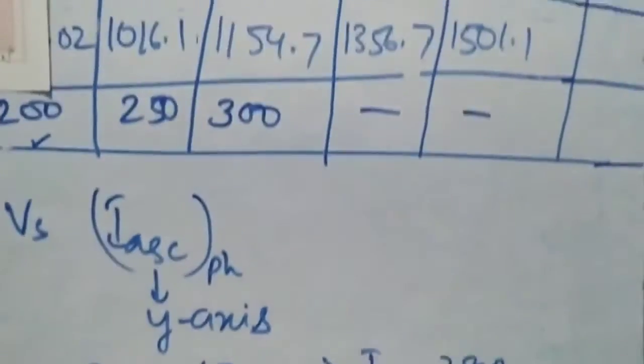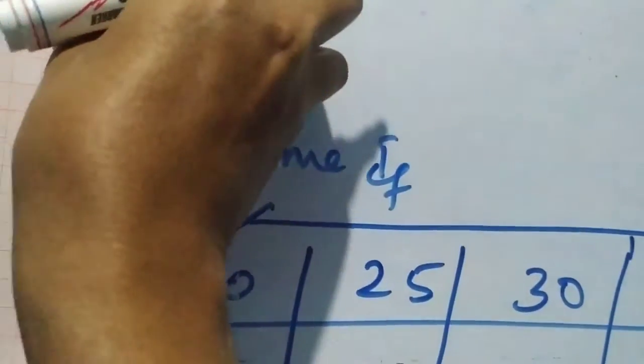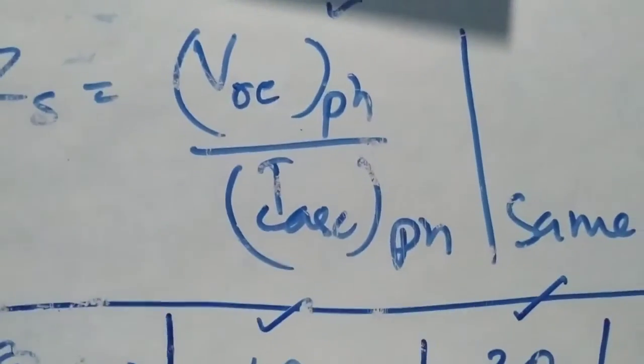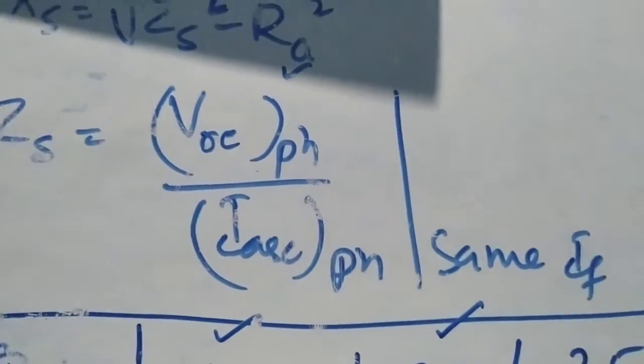Therefore, the formula for the impedance is VOC phase divided by the IA phase for the same value of IF.